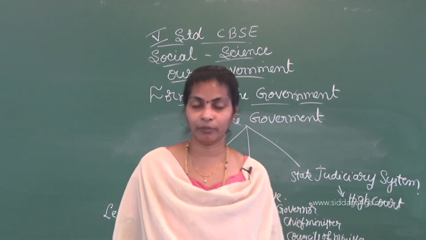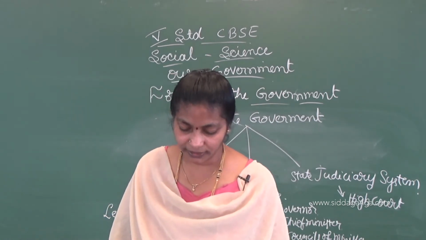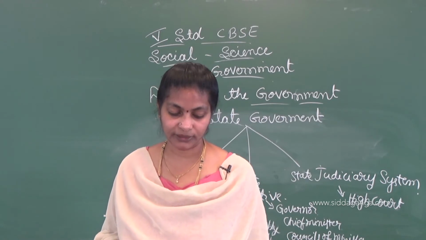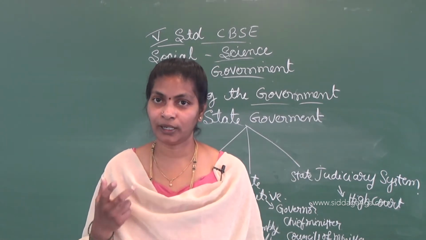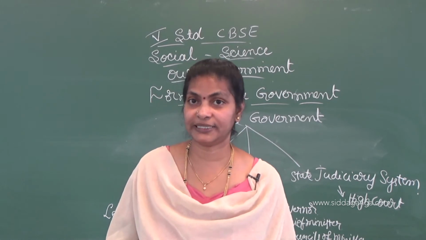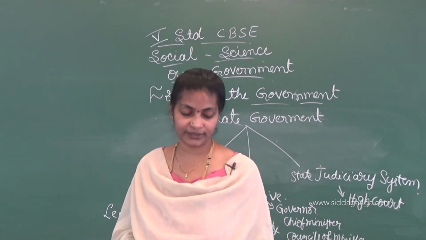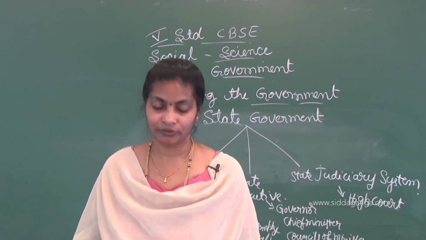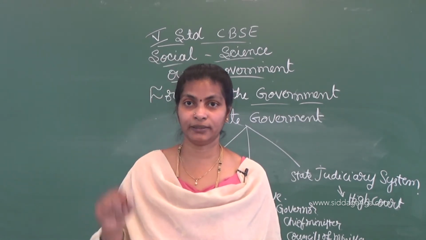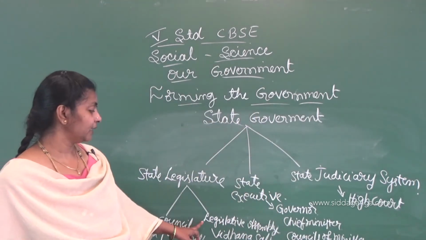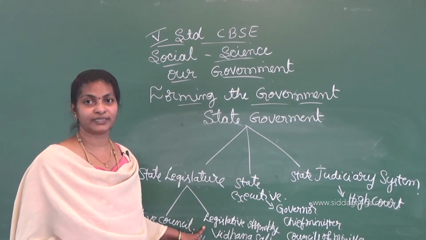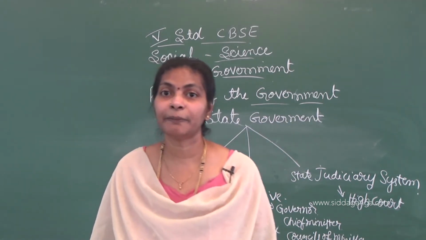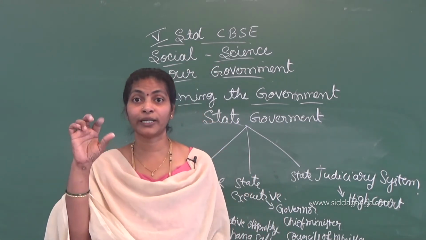Let us learn one by one. Here the Legislative Assembly is the very powerful house. The members of the Legislative Assembly are directly elected by the people for a period of 5 years.